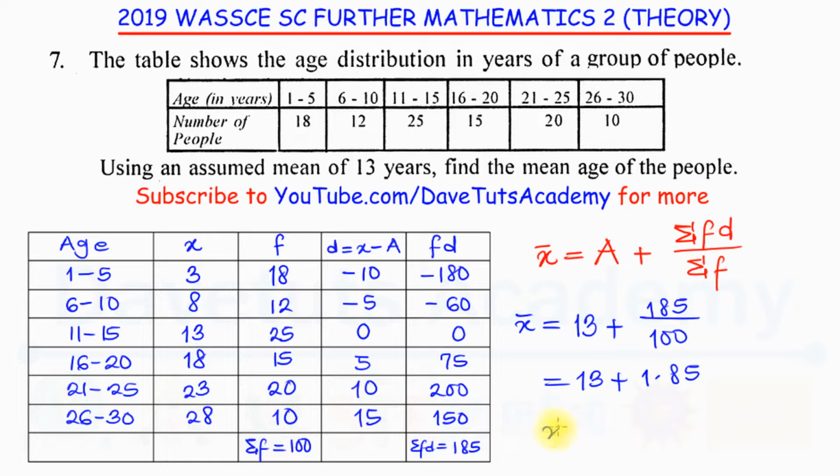So the mean for this particular set of data is 13 plus 1.85, which is 14.85 years. So that is going to be the way that you evaluate the mean of a set of values given the assumed mean as given in this particular question. All right.